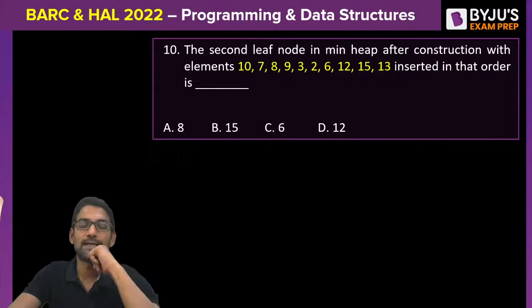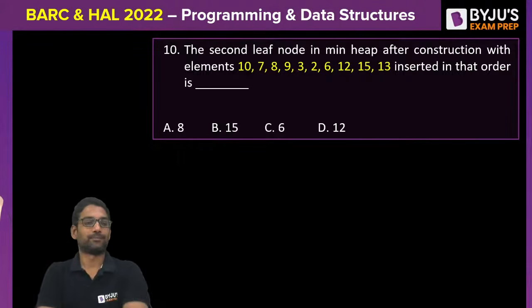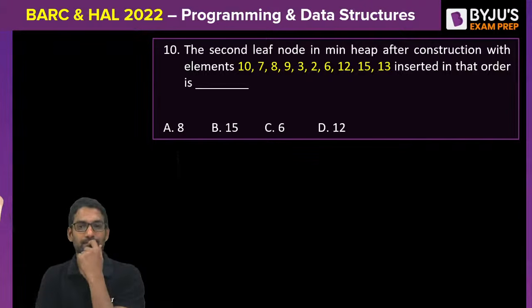We want the second leaf node, guys. AG says option B.